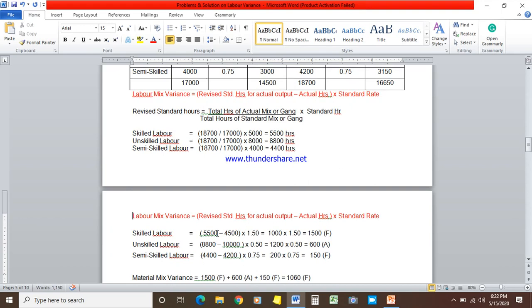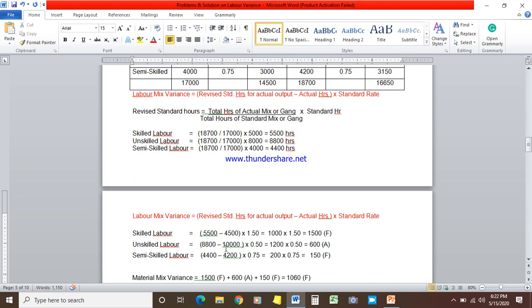Now the revised standard hours for skilled labor is 5,500, actual hours is 4,500, multiplied by standard rate, that is 1.50. So if you observe here, since actual hours taken is less than the revised standard hours, we end up getting a favorable variance for skilled laborers.